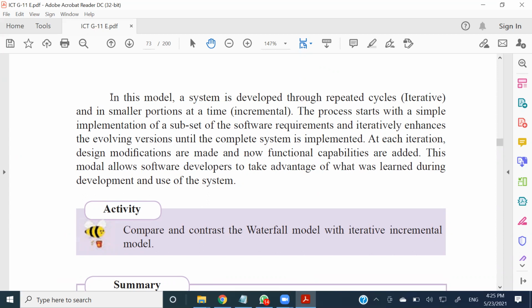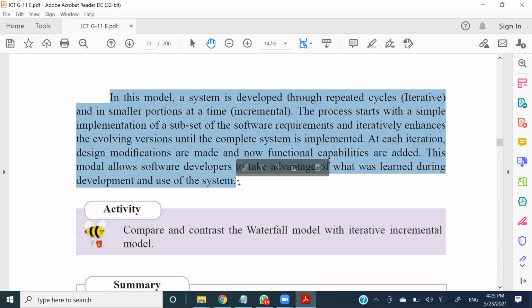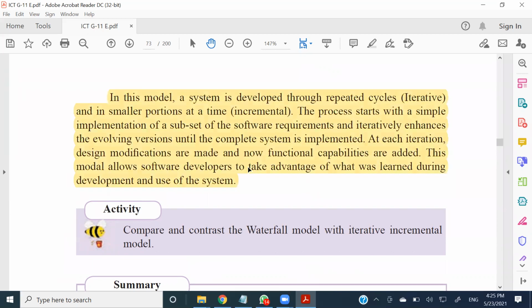Yeah, it's better you write it from top to bottom, right? Then I'll show you the model to be drawn, right?